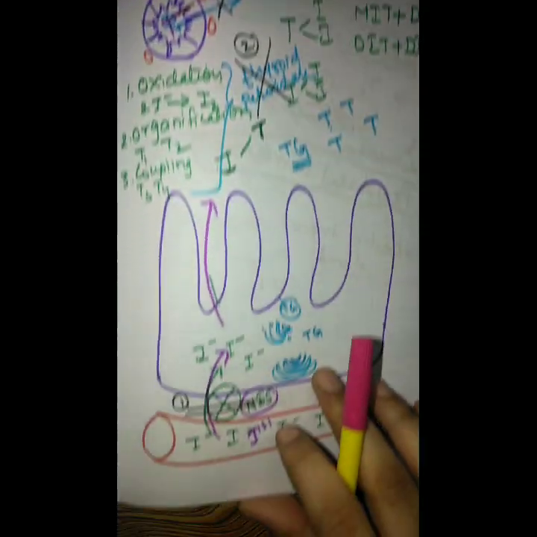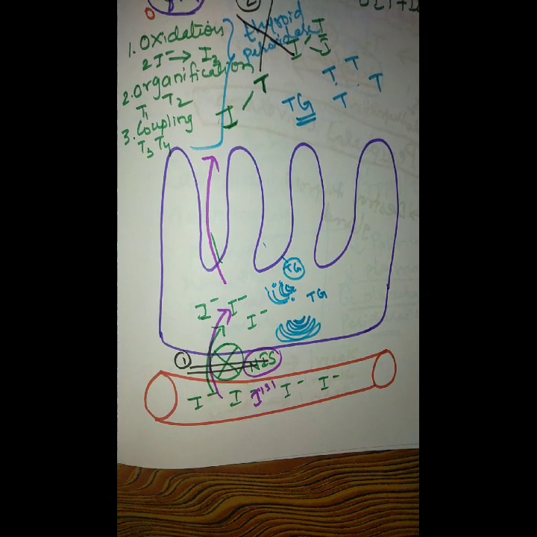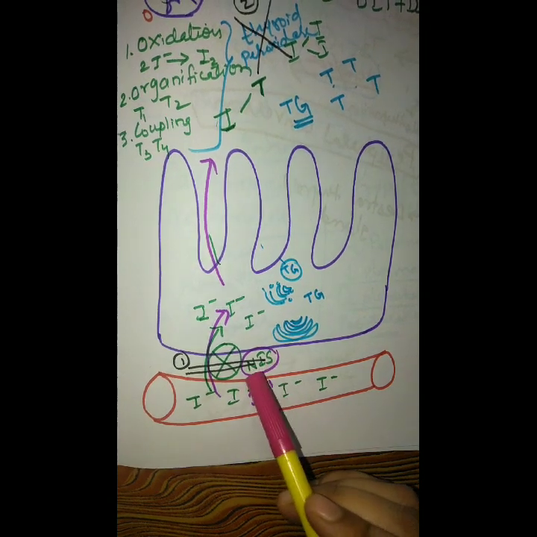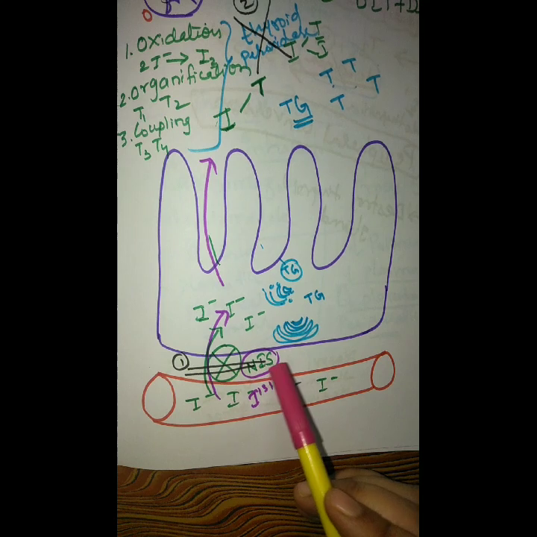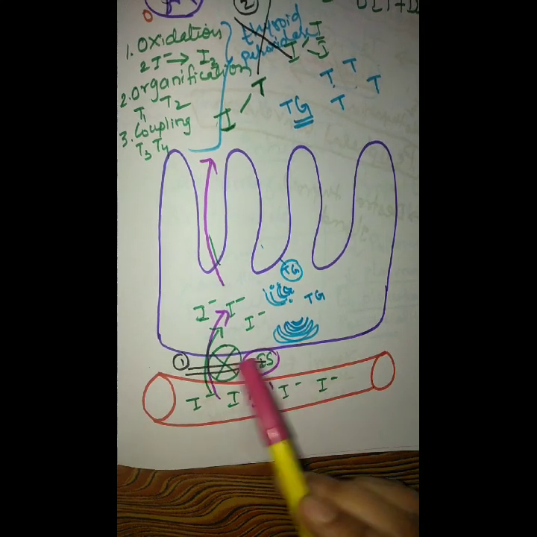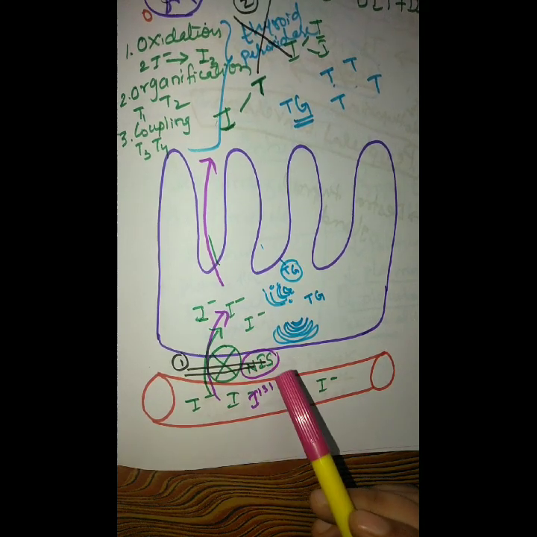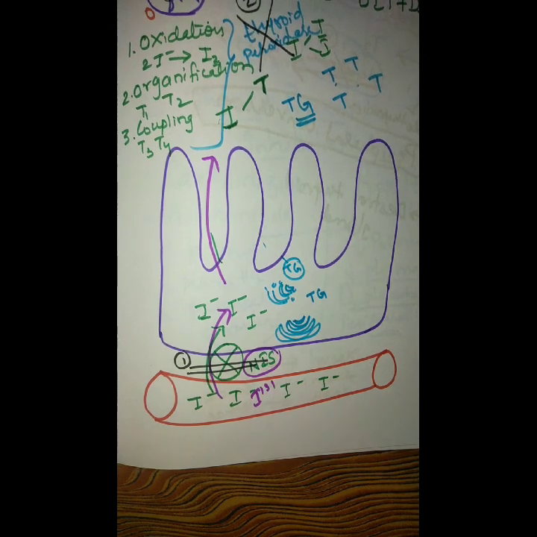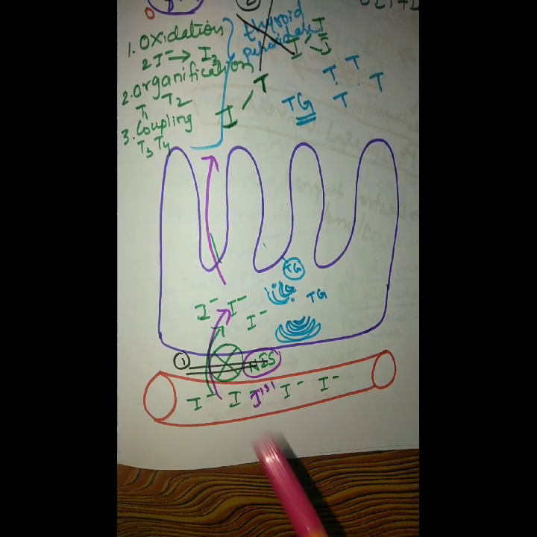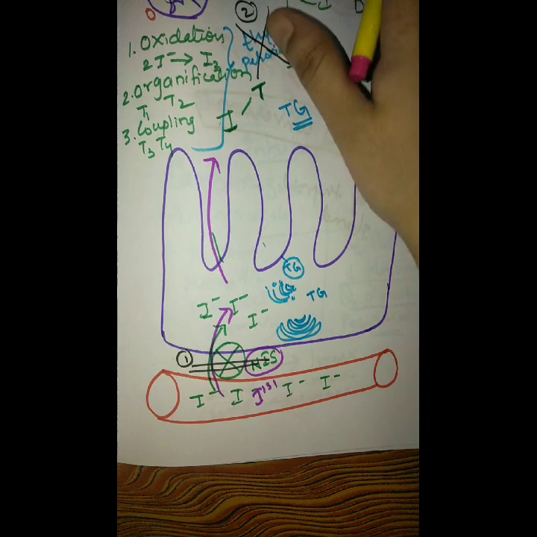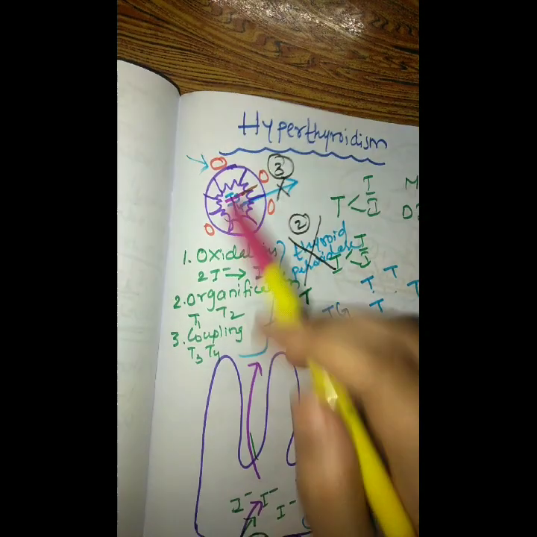But these radioactive isotopes are very specific, because of the sodium iodide transporter, which you will find only in your follicular cells. So this transporter will collect all the radioactive isotope within itself, and it will move inside the colloid.